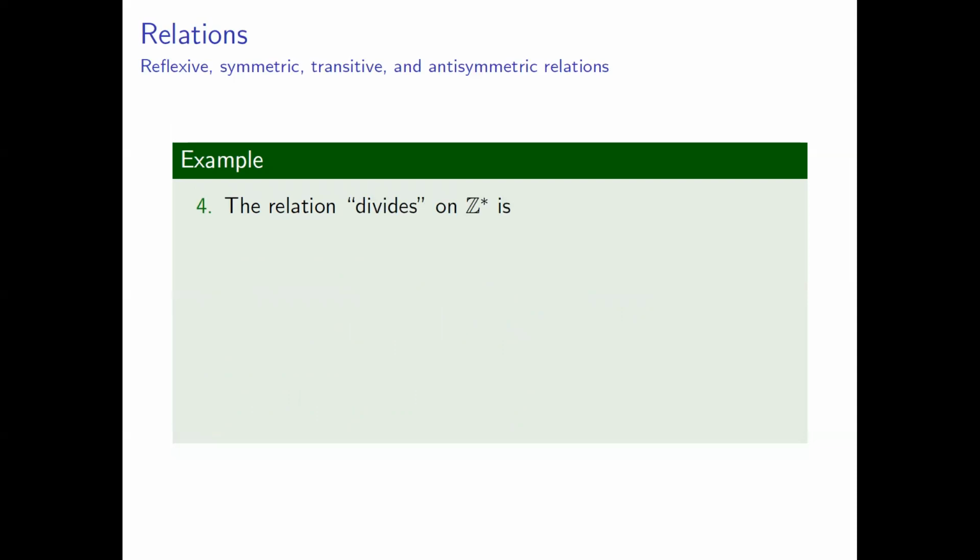Consider the relation on the set of non-zero integers consisting of all ordered pairs (a, b) such that a divides b. This relation is reflexive. Indeed, let a be a non-zero integer. Then a is equal to a times 1, so a divides itself.